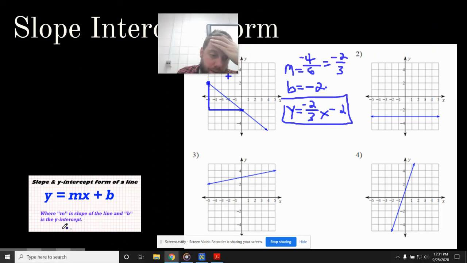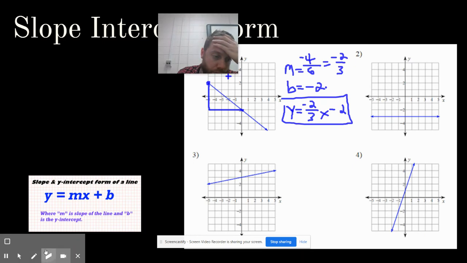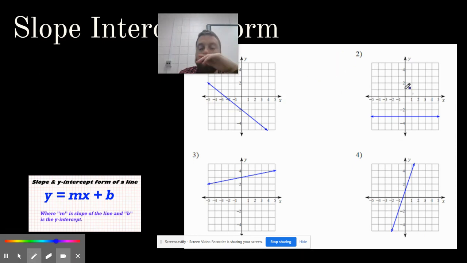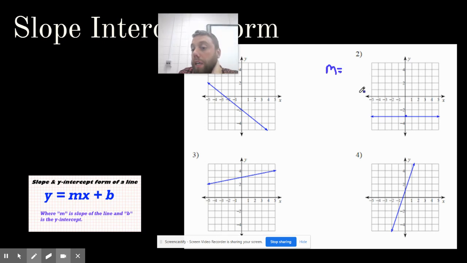Now, I'm going to erase that, give myself some room. Looking at our second problem here, we have our slope. Because it's a horizontal line, our slope is 0. And our y-intercept is -3. Now, this is a unique situation because when we plug into slope-intercept form, we have a 0 as our slope, then our x, and then our b, or our y-intercept.